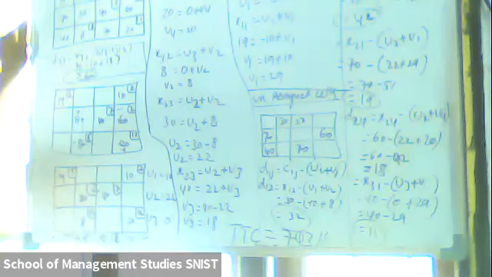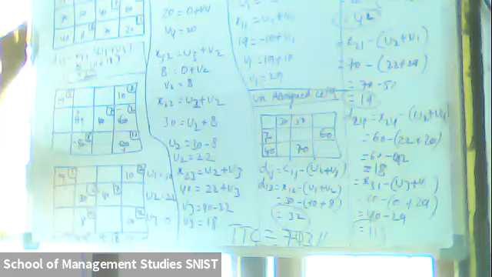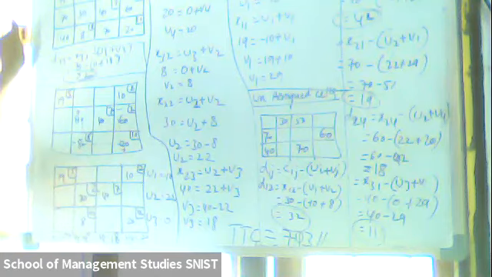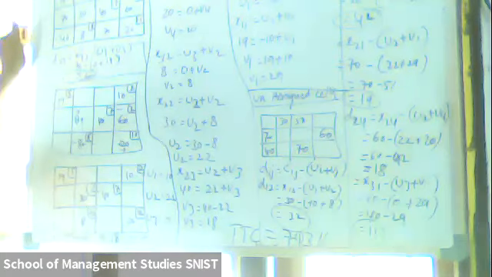For the unassigned cells, if all Dij values are positive, then the problem becomes optimal. Then we calculate the total transportation cost and close the problem. Suppose you still get a negative value, then again we go with theta and loop construction, the same thing.